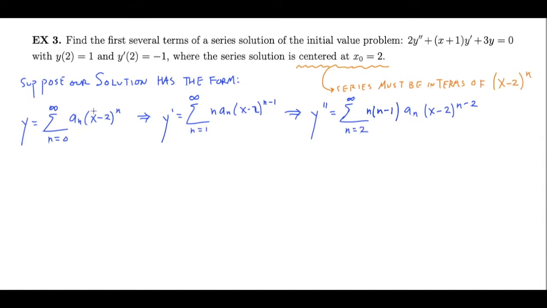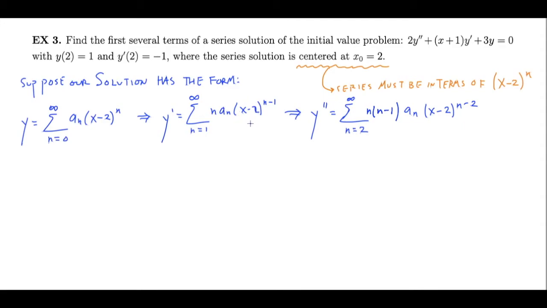Technically, we need to apply the chain rule and multiply by the derivative of this inside component, but that derivative would just be 1. So when I look at y prime here, it feels very similar to the derivatives that I computed on previous examples. I have simply x minus 2 functioning as the variable instead.